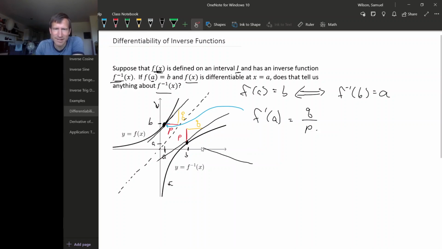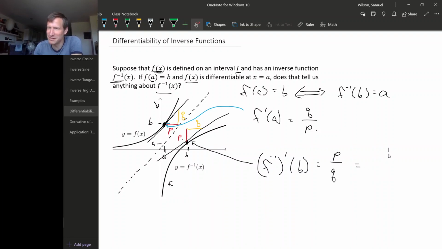So, reasoning from this picture, not only does the inverse function have a nice derivative at b, but we can actually write down what it is. It's just the slope of this line, which is p over q. But look, that's just the reciprocal of the derivative of f.